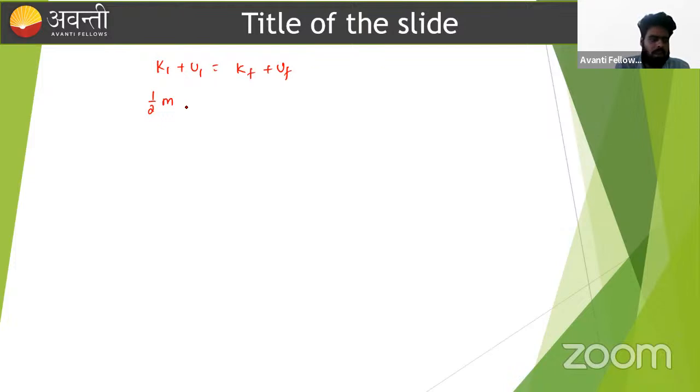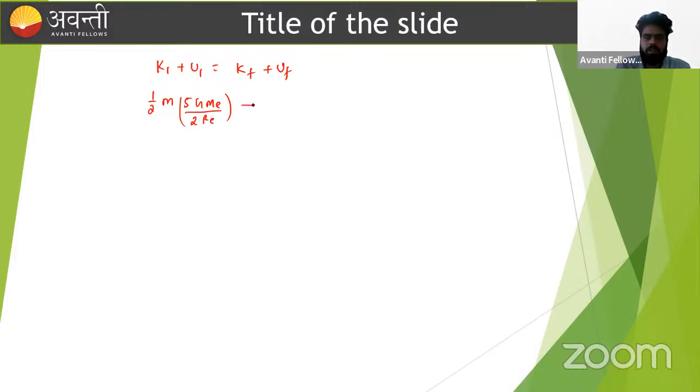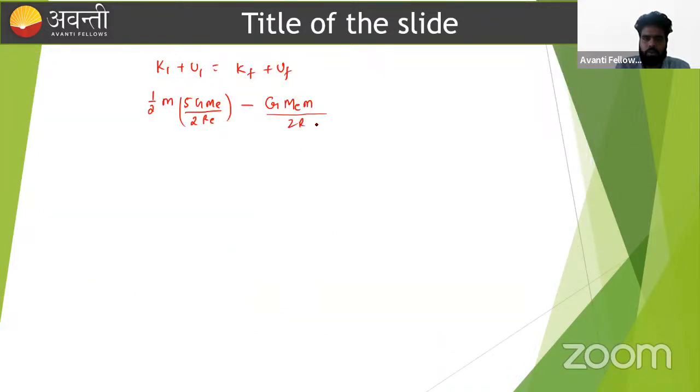Here the velocity is given as 5 GME upon 2 RE, so we square the velocity. What is the potential energy? It is minus G M1 M2 upon R, that is minus G times mass of Earth into mass of satellite, divided by the center to center distance, which is 2 RE. So write 2 RE here.